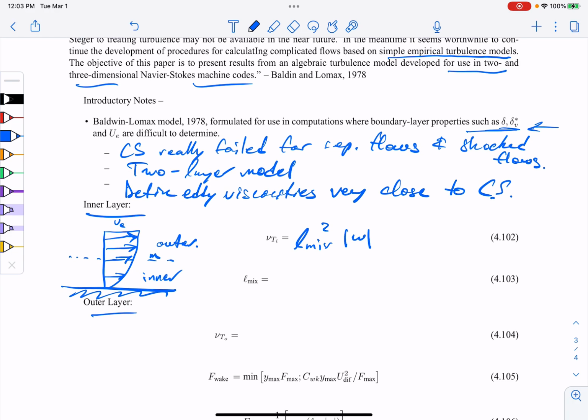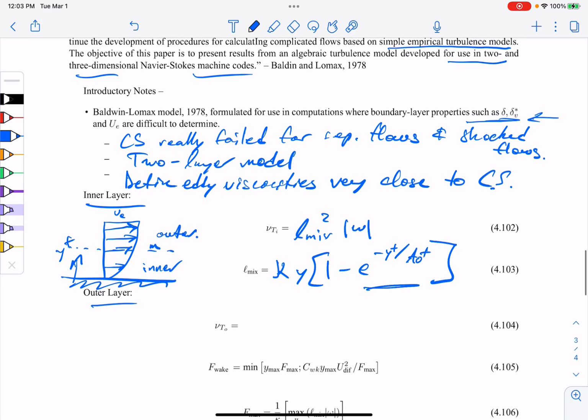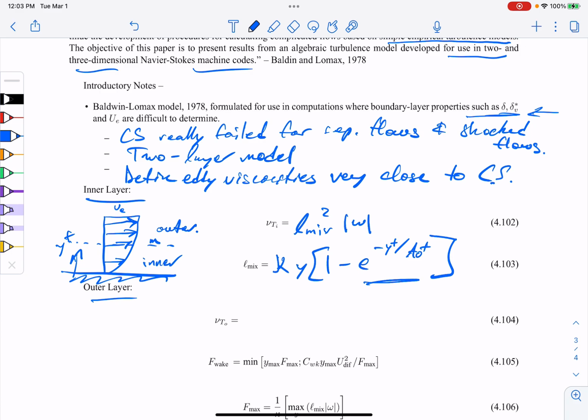The length scale is exactly the same: a constant, maybe around 0.41, times the distance to the wall, times 1 minus e to the negative y plus over A naught plus. Once again, there's this little exponential factor. A plus goes as about 26 for partial p partial x equals 0. Y plus is your non-dimensional distance from the wall, and y is just your distance from the wall in meters.